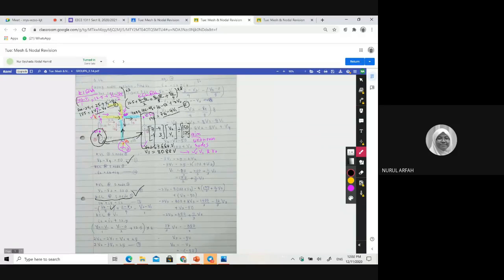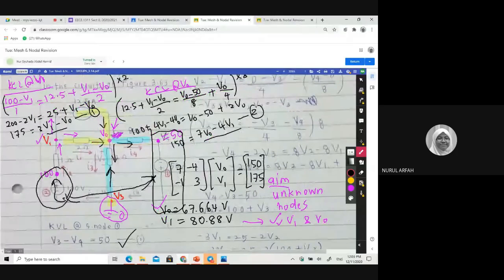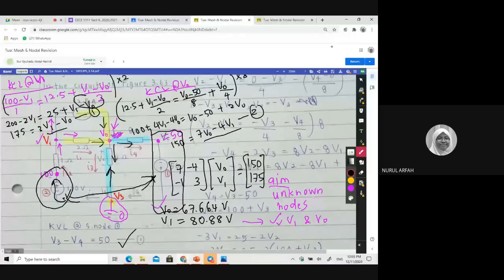Okay. Yes, the value is different. The value for the current up here is different.